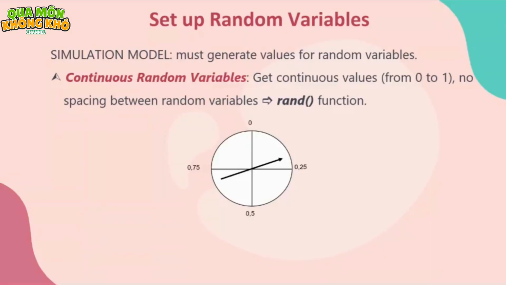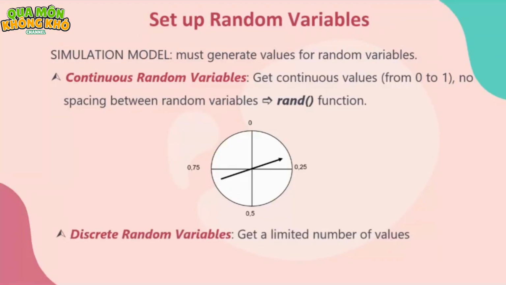If we have continuous random variables, for example, the quantity of the product of some project fluctuates between 65 and 73 products, meaning it is continuous from 65 to 73, we will use the RAND function. If the variable is discrete, meaning it takes a limited number of values, we will use this function.